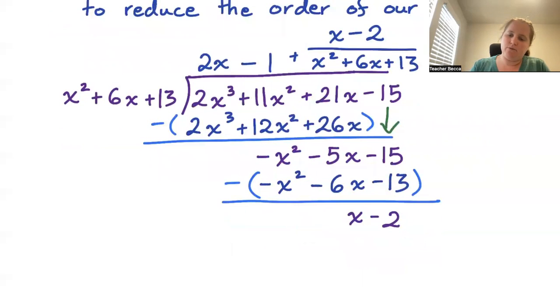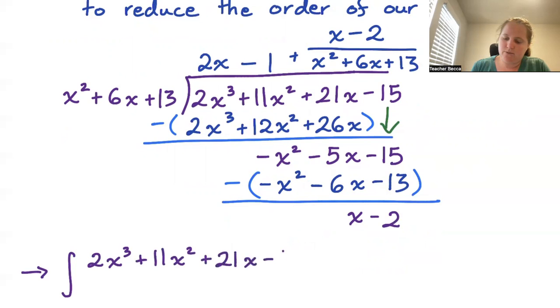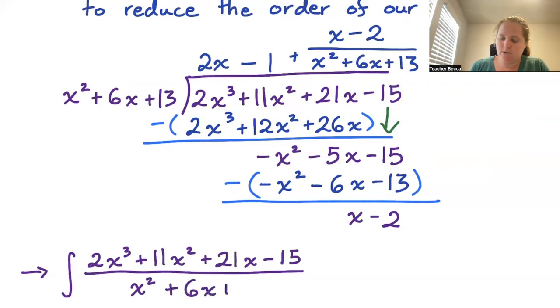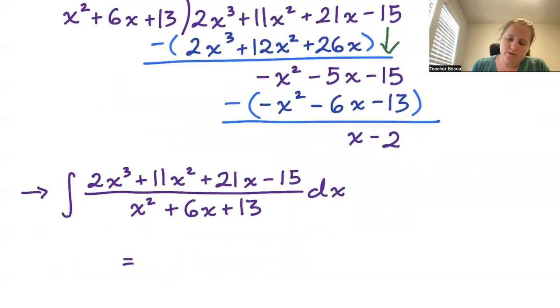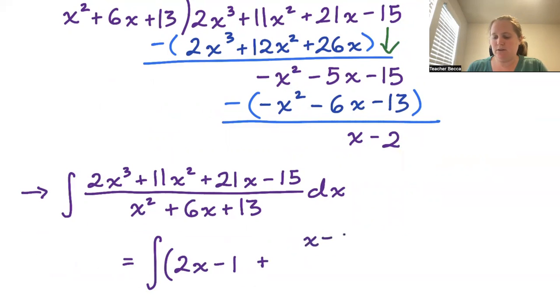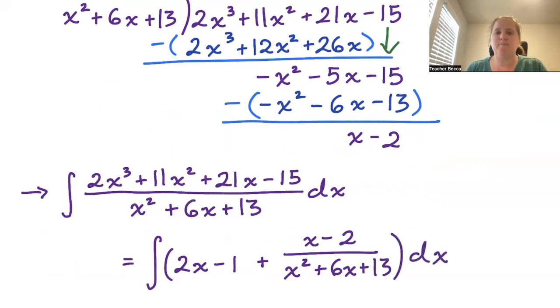So from here we have therefore that our integral of 2x cubed plus 11x squared plus 21x minus 15 all over x squared plus 6x plus 13 dx is equivalent to the integral of 2x minus 1 plus the fraction, numerator x minus 2, over the denominator x squared plus 6x plus 13 dx.